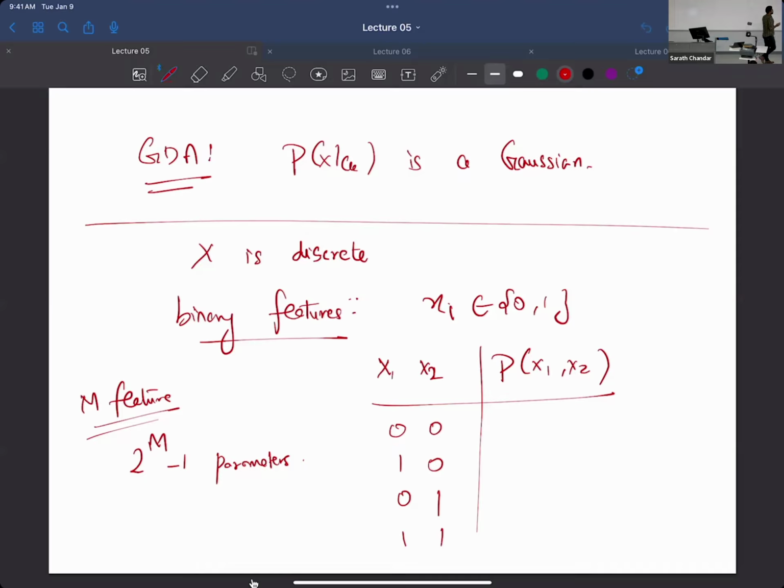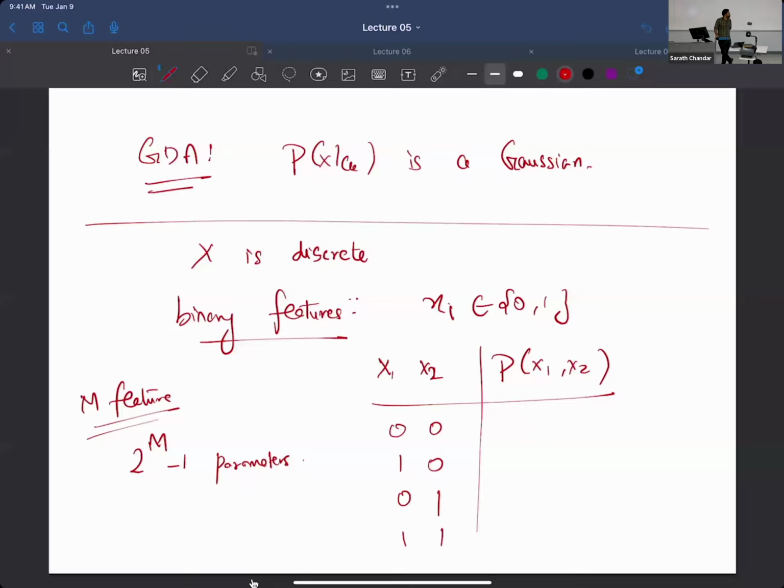And if you have two features, then to model the probability distribution of two discrete features, you need to somehow learn this joint distribution table, right? Which has 2 power 2 entries. So in general, for m features, you need to learn 2 power m minus 1 parameters. Right? So this just gets to a very large number very quickly, right?